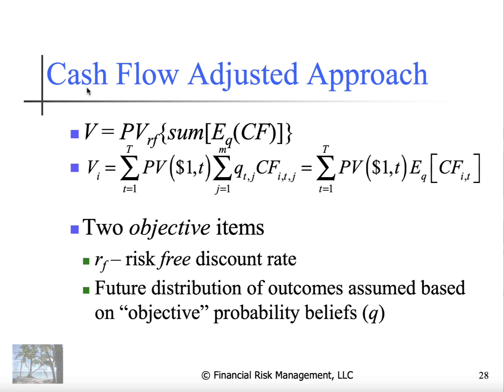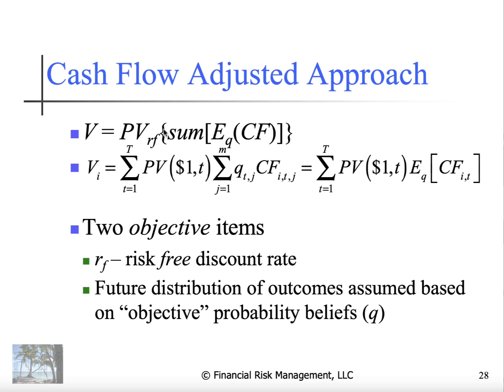The valuation under the cash flow adjusted approach is simply you project an expected future cash flow under a unique alternative probability measure, or risk neutral probability measure, or equivalent martingale measure. It goes by many names.